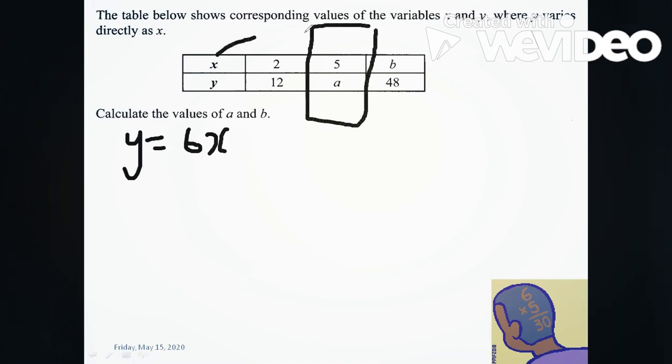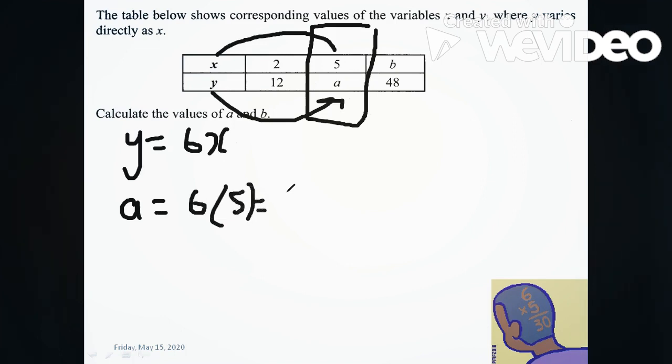It's saying that x is 5 and y is a. So I replace y with a, and we replace x with 5. Now 6x means 6 times x, which is 6 times 5. So 6 5s is 30. So a is equal to 30.